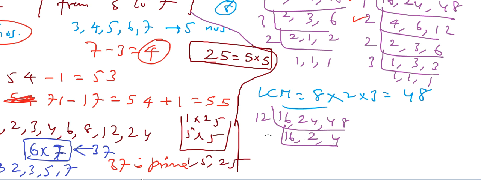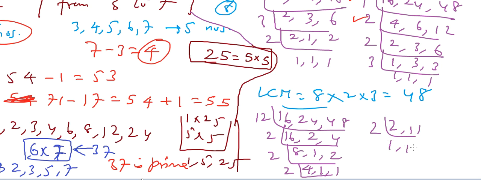Now if you divide by 2, you get 8, 1, 2. Again you divide by 2: 4, 1, 1. Divide by 2 again: 2, 1, 1. Then divide by 2: 1, 1, 1.